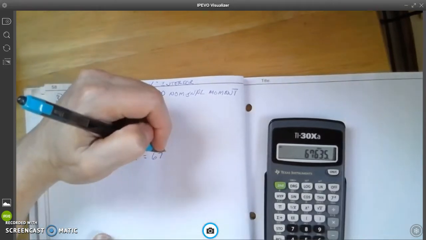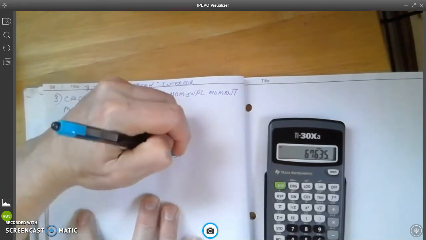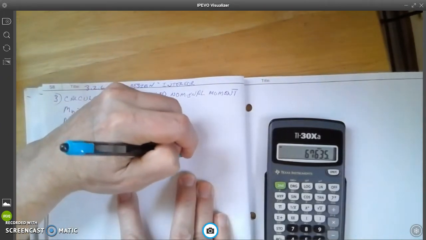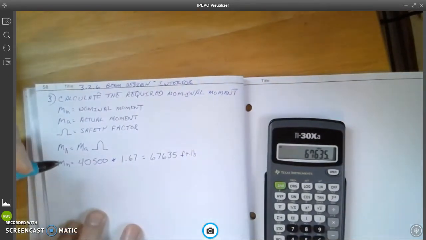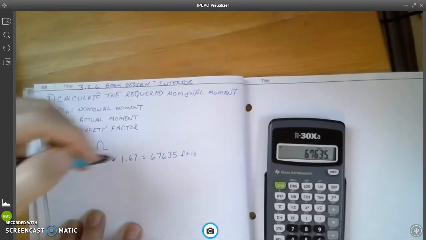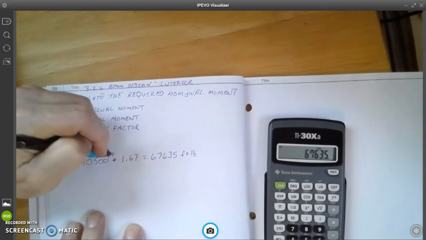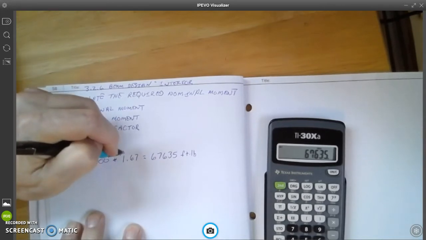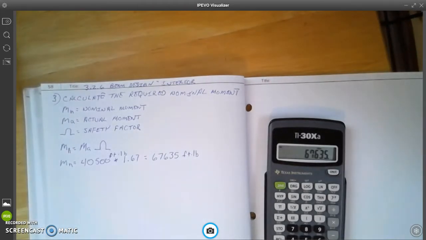Yeah, 67,635 foot-pounds. Okay? So, because this is foot pounds here, I forgot to do the units. So, that's for calculating the nominal moment.